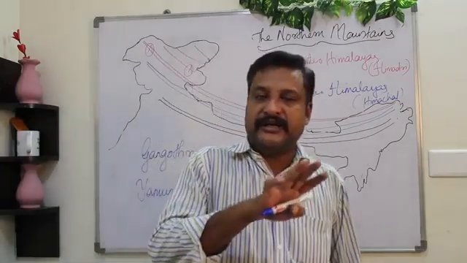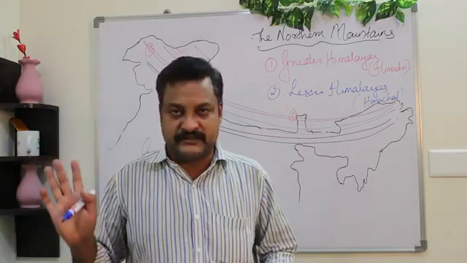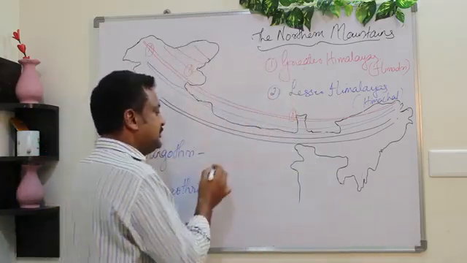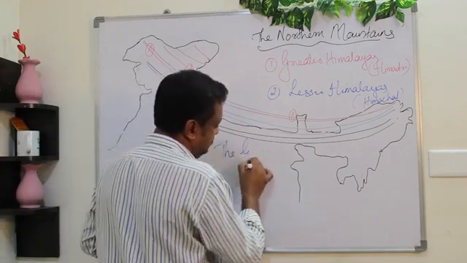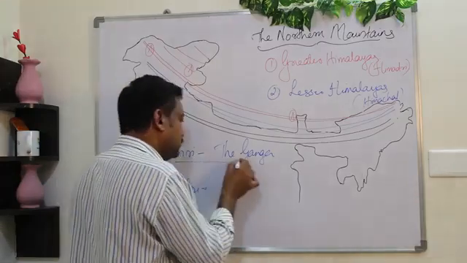Glaciers means a very slow river of moving ice. Okay, so of these two glaciers, the river Ganga originates from the glacier Gangotri.